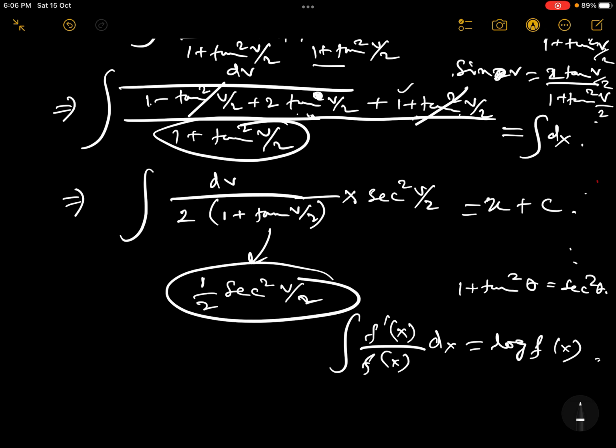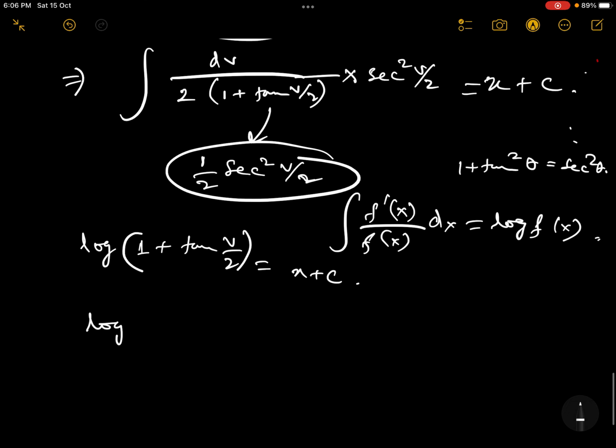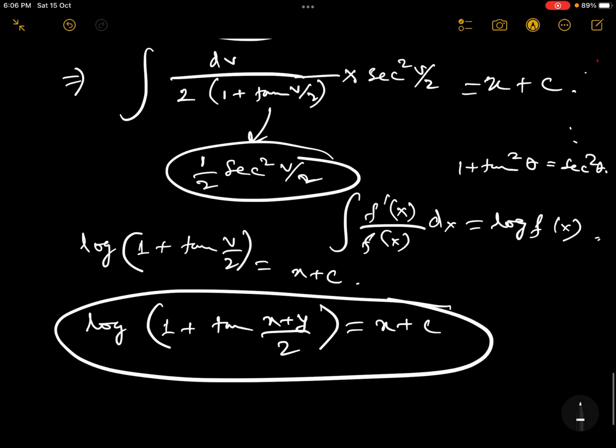So 1 by 2, this one. Okay, so we are going to get log of 1 plus tan of v by 2 equal to x plus c. And you substitute that value back, 1 plus tan of (x plus y) by 2 is equal to x plus c. So this is the answer.